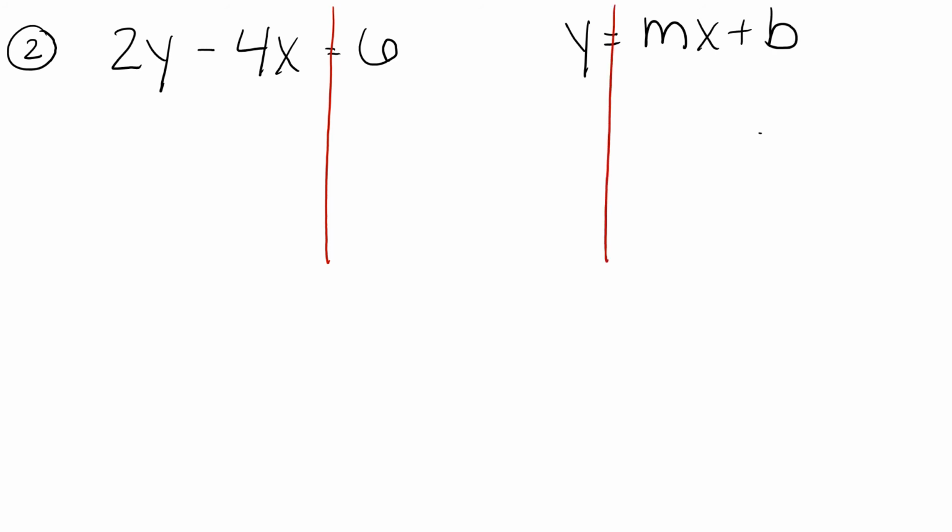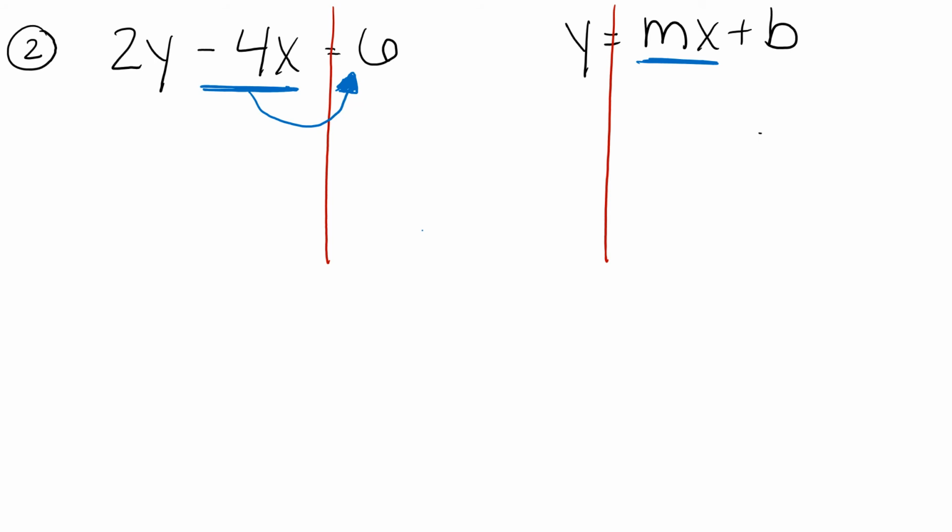Again, we want the y on the left-hand side, the mx in the middle, and the plus b at the end. So we're going to start by taking the minus 4x, and we're going to move it to the other side. Because again, the mx needs to go on the right-hand side. Still in the middle, but on the right-hand side.